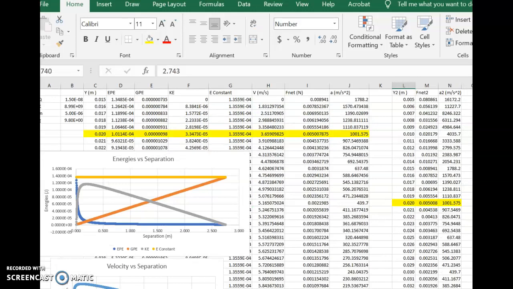So at 0.02 meters, you have 0.005 newtons, whereas here it's the same 0.005.